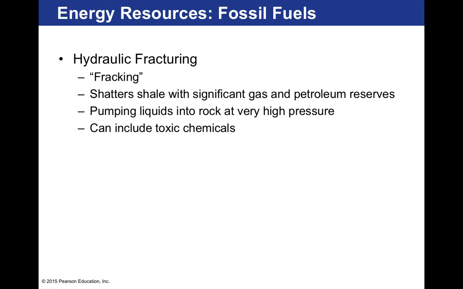And they send down different chemicals and liquids into the rock, which allows that rock to fracture and break apart. And when that fracturing happens, it releases the natural gas or whatever type of chemical they're trying to get at. And then the only way for that chemical to be released is up through the hole that they drilled, and then they well whatever that gas or resource is out of that same hole.